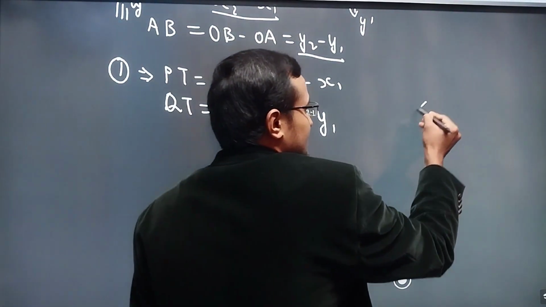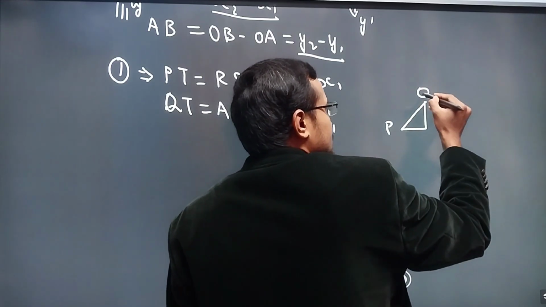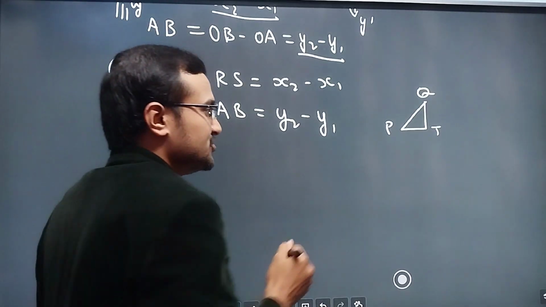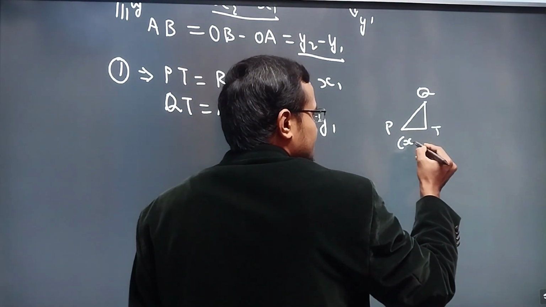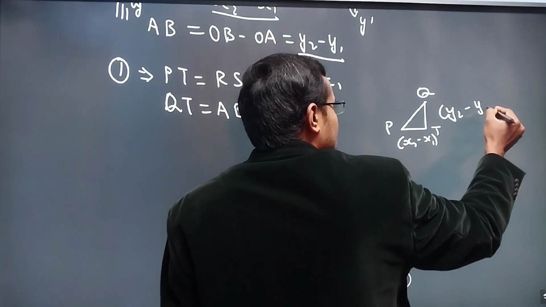So I'll write that right angle triangle one more time here. So we had a small right angle triangle, that is PQT. We are calculating the distance between point P and point Q. So PT we are getting as x2 minus x1 and QT we are getting as y2 minus y1.